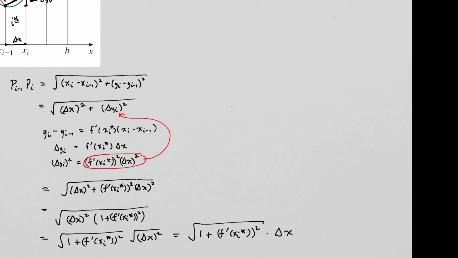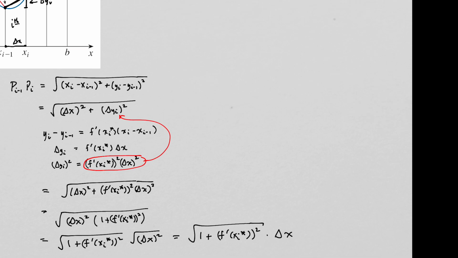Now what we need to do is add up all such pieces. So the arc length is going to be approximately the sum, i equals 1 to n, of the square root of 1 plus f prime of x i star squared times delta x.